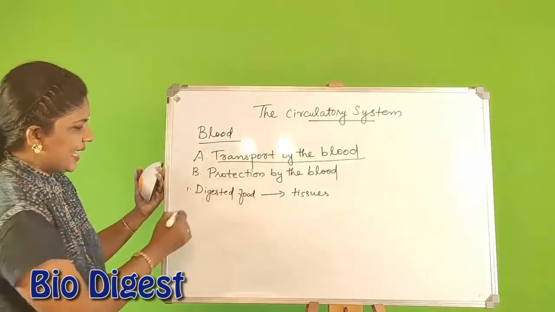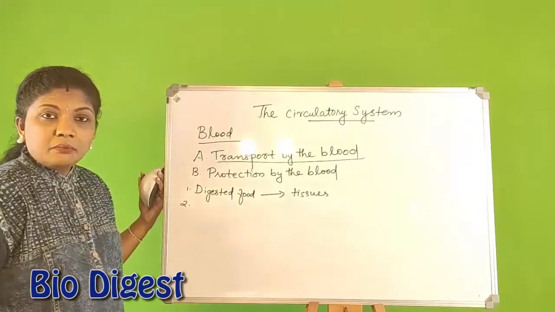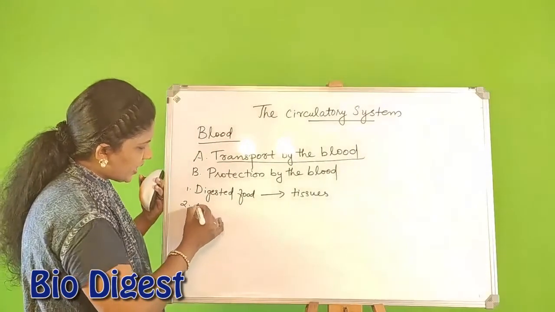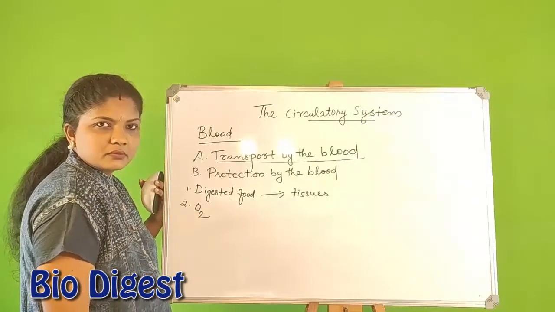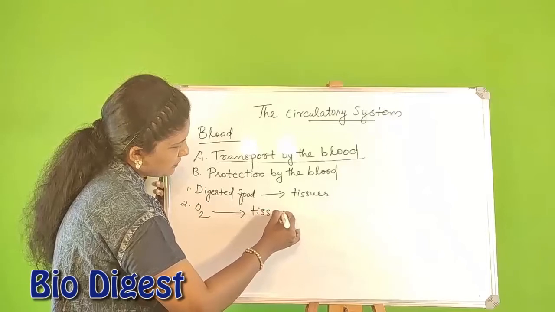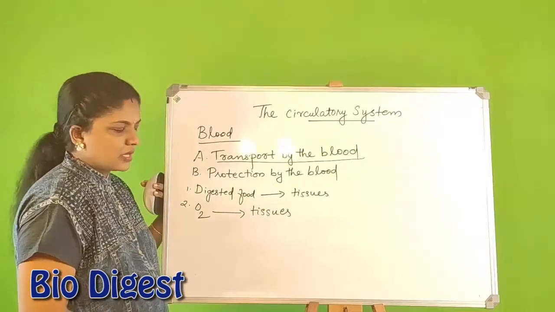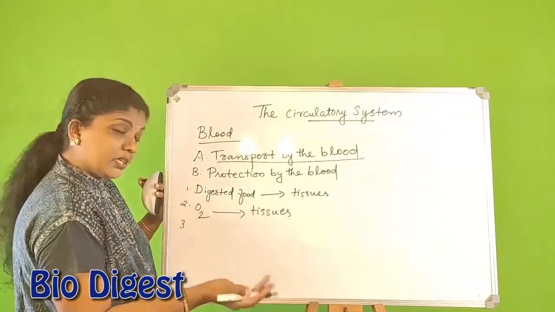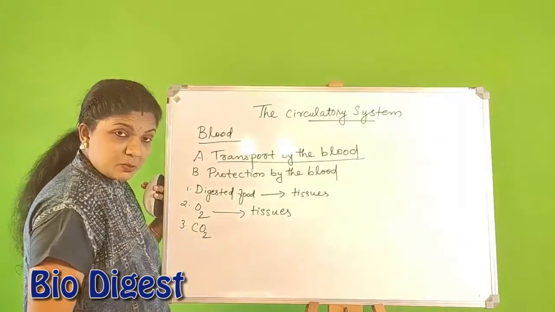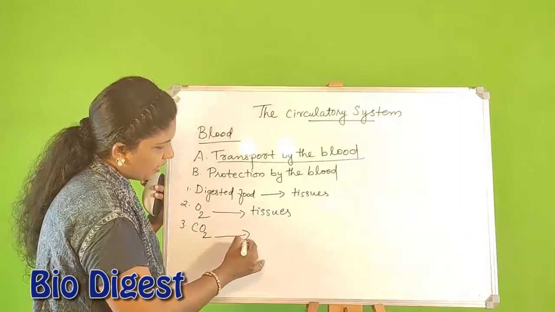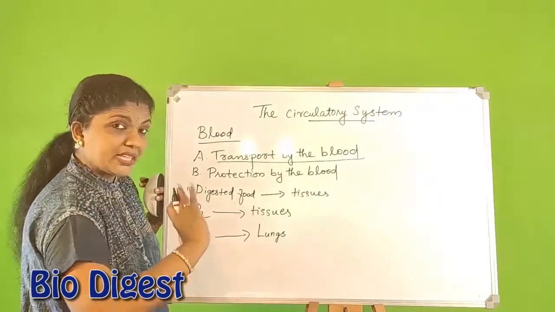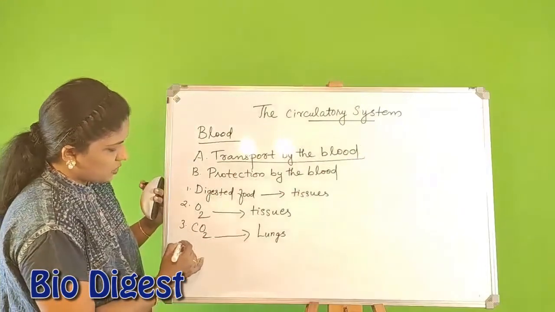Second, blood helps in transporting oxygen from the lungs to the tissues. What will be carried back in return? Blood helps in transporting carbon dioxide from the tissues to the lungs so that it can be excreted out.